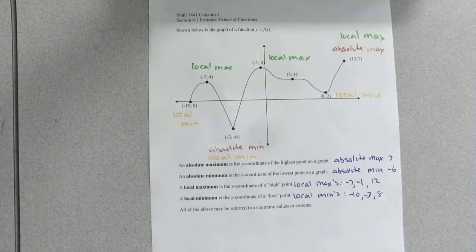Again, what I really care about on this first page is that the absolute max comes from the highest point, the absolute min comes from the lowest point, local maxes are just high points in general, but not necessarily Mount Everest, and local mins are low points, but not the lowest point on the Earth.